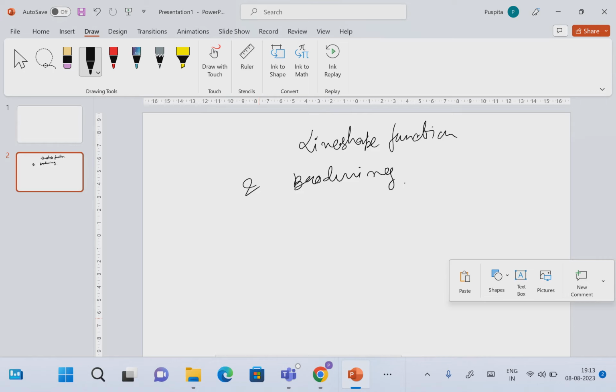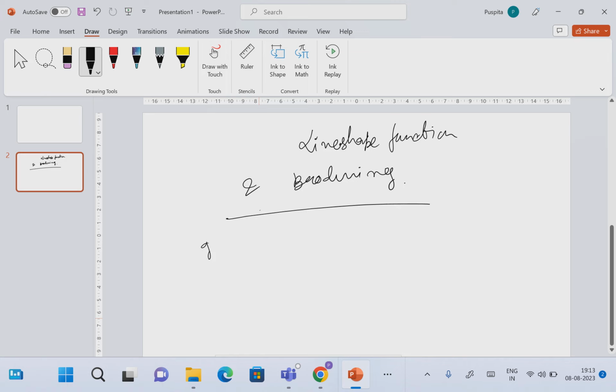So, g nu d nu is called the line shape function.